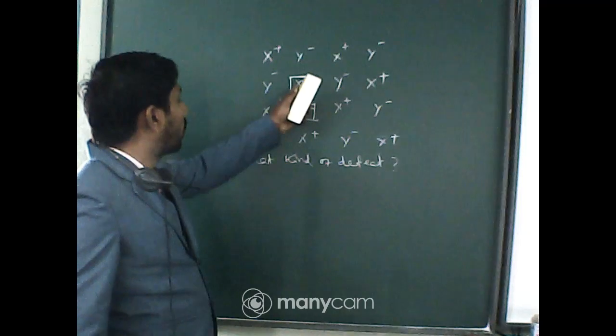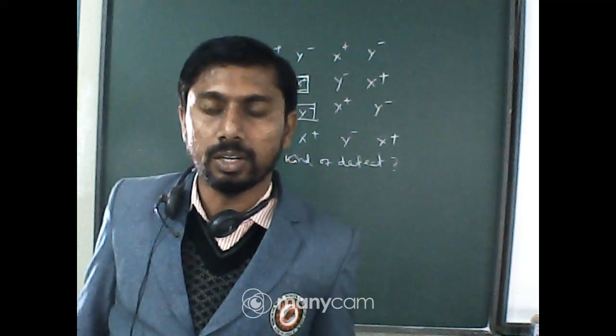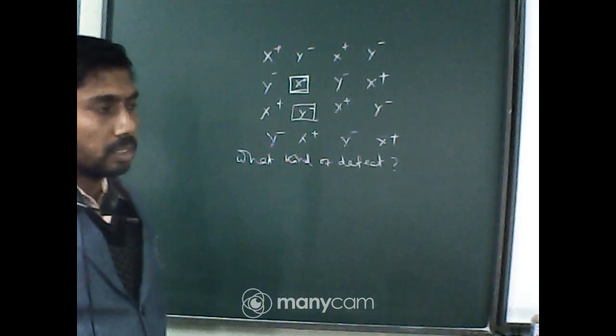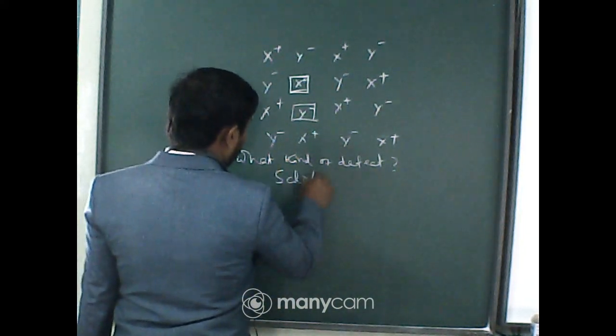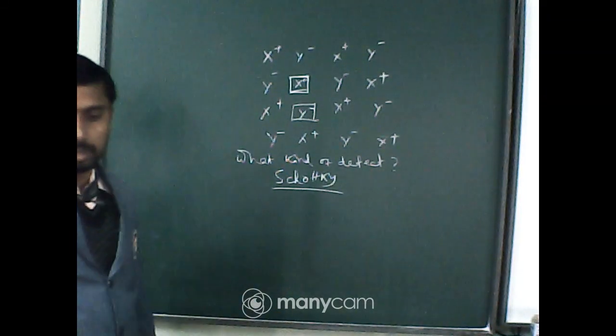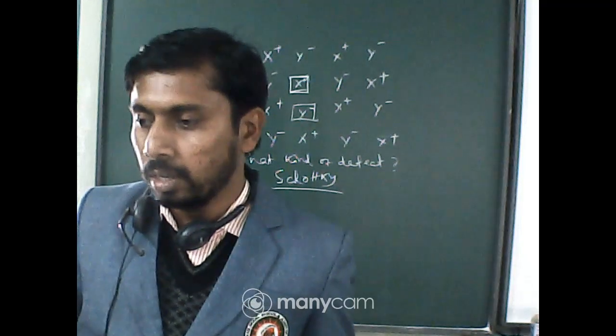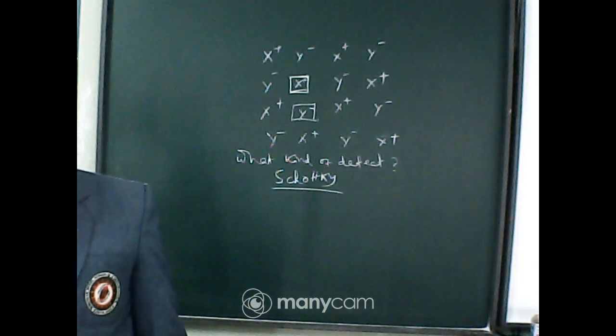So an equal number of x plus and y minus is vacant. What is the name of such a defect? This is Schottky defect. This kind of question is there in the sample paper also, on the last given on it.